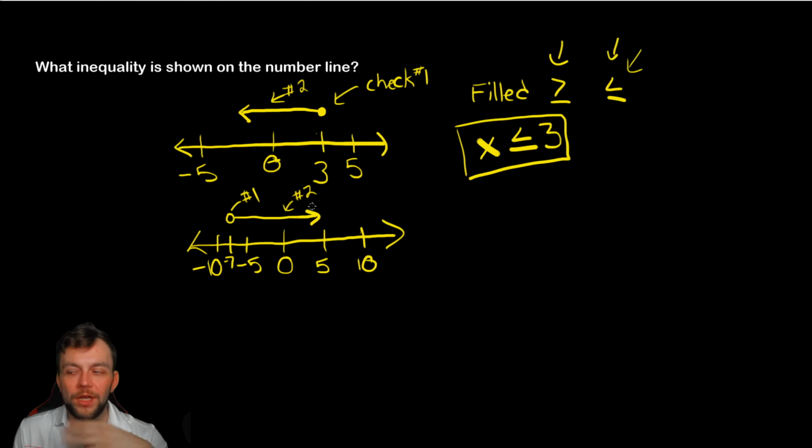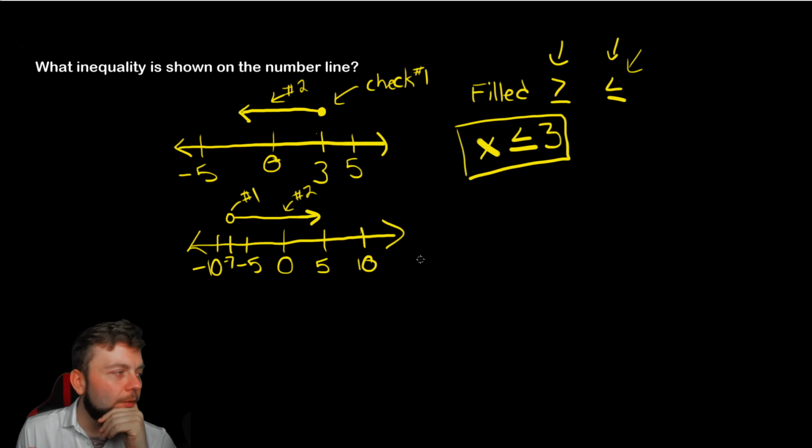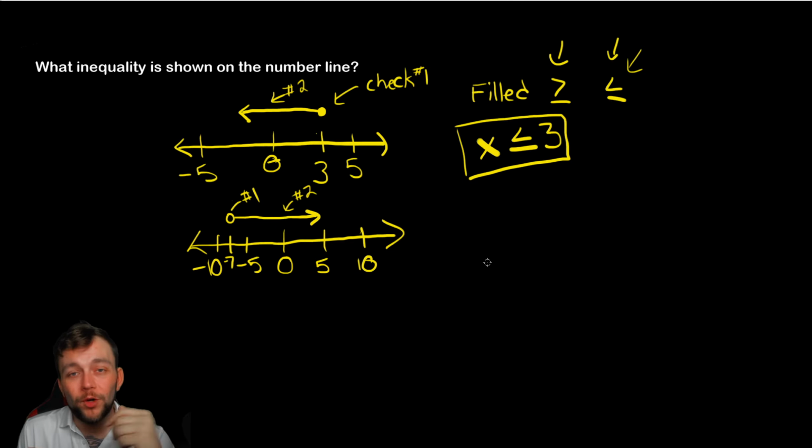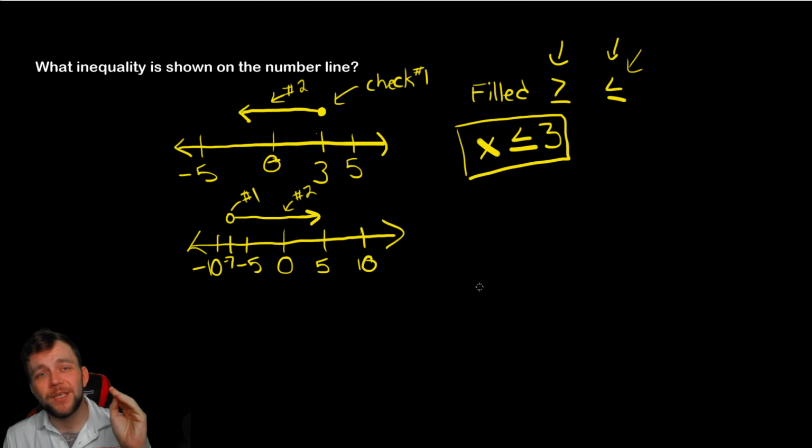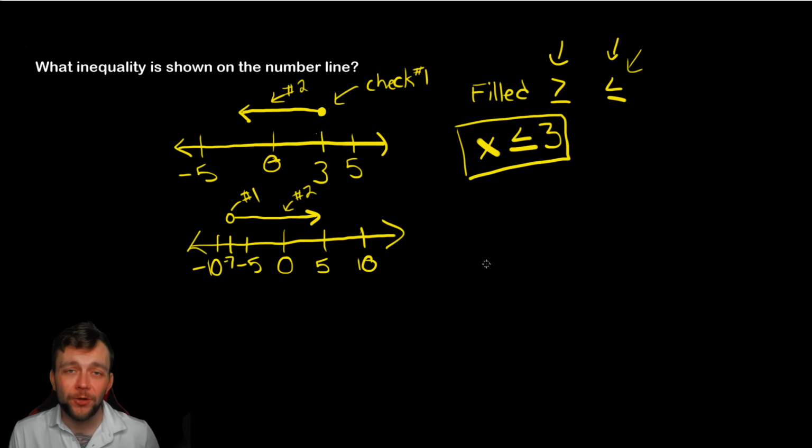And what is it though, right? We don't have the number. We're not asking for a specific number. We're just asking for a zone that's bigger than any number that's bigger than this -7, which is to the right. The arrow is pointing to the right. It is an open circle.